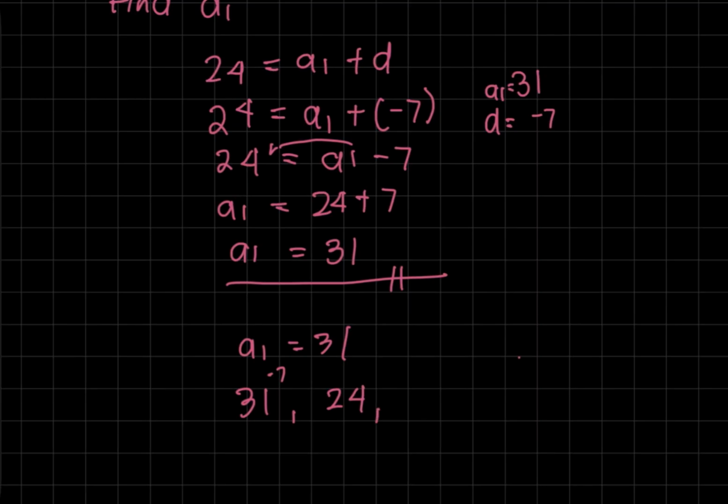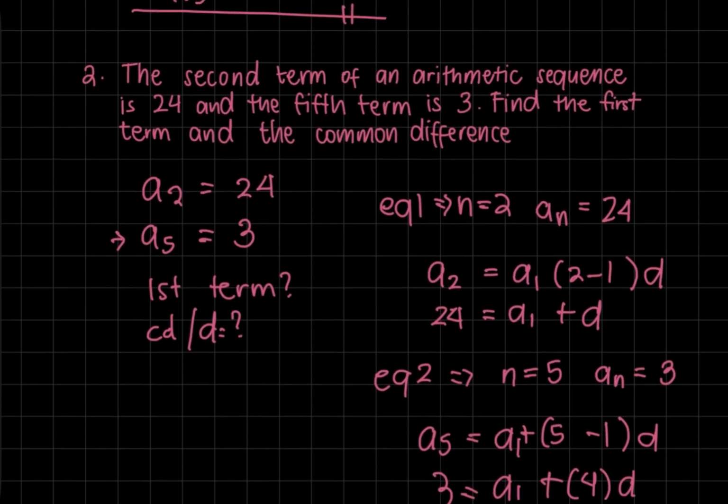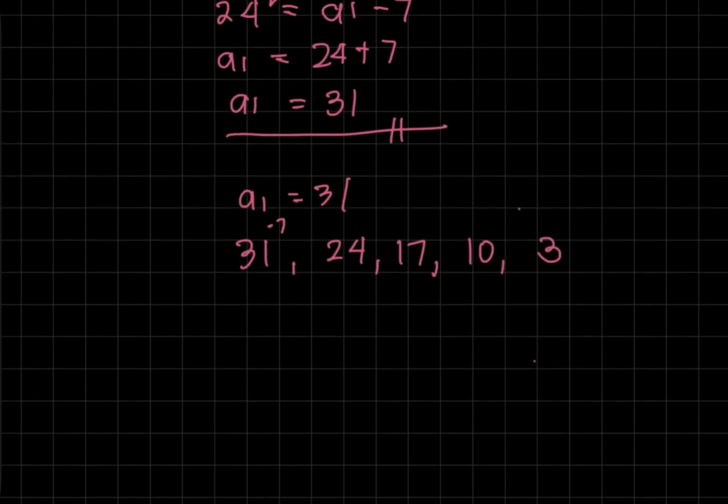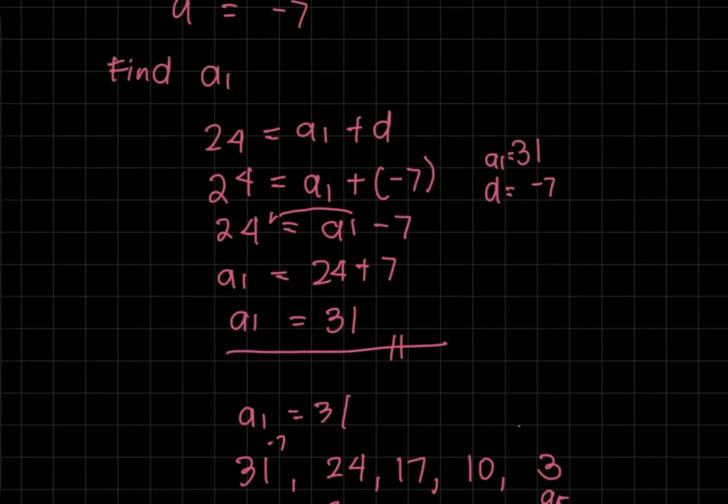If we subtract 7 again, we have 17. And then if we subtract 7 again from 17, we have 10. And then 10 minus 7, we have 3. As we can go back, we're given that our fifth term is 3. Therefore, this is A5, this is A2. Therefore, our answer, the first term 31 and the common difference -7, is correct.